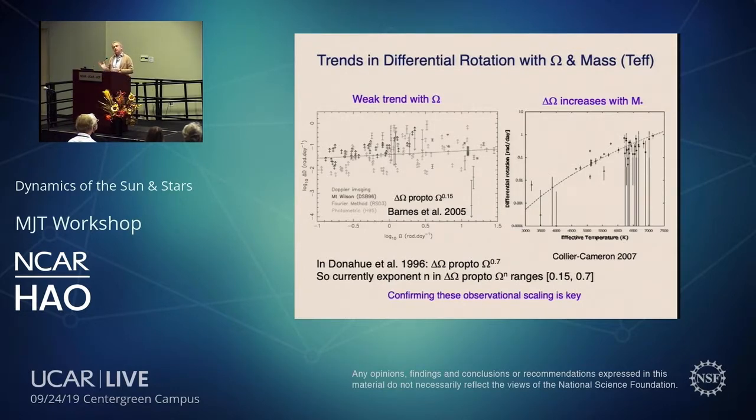So it means that if you rotate your star faster, you will have a slight increase of the differential rotation in absolute value, but in relative value, it will not be the case. What seems to be more in agreement is that when you go to shallower convection zones, toward the F stars, you seem to get stronger differential rotation.